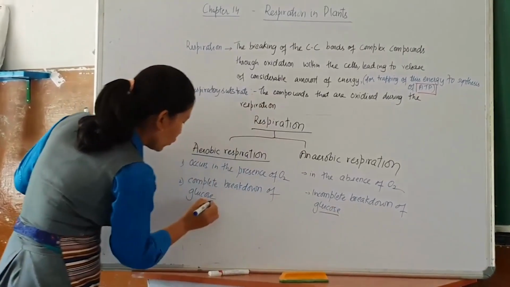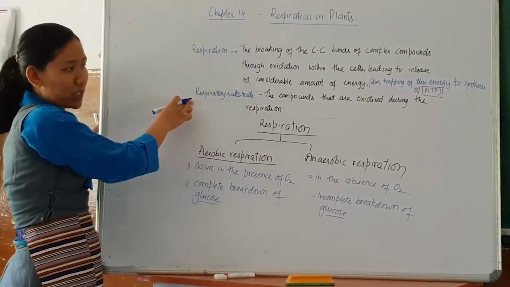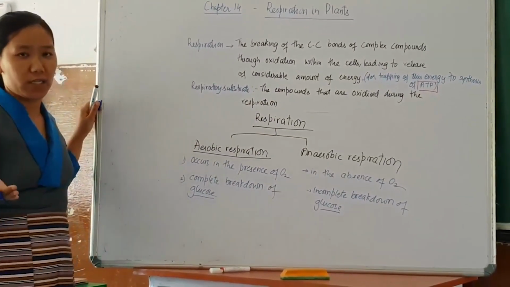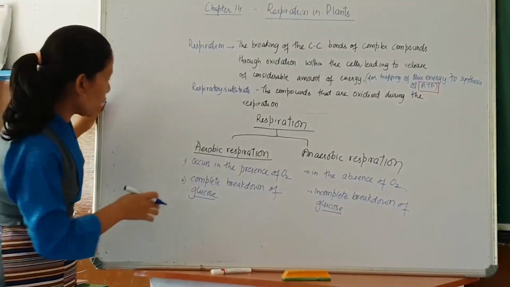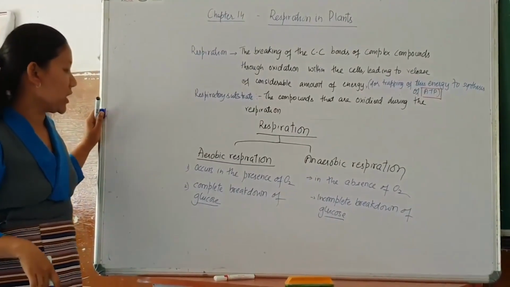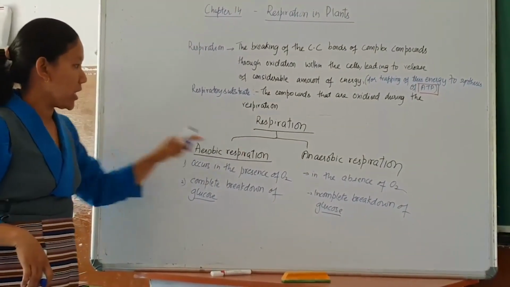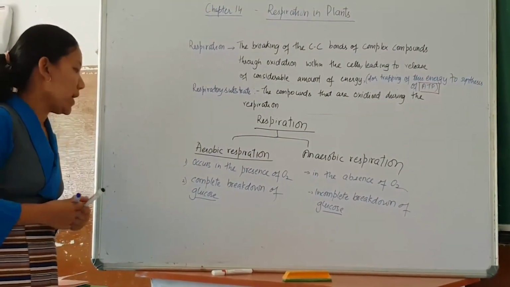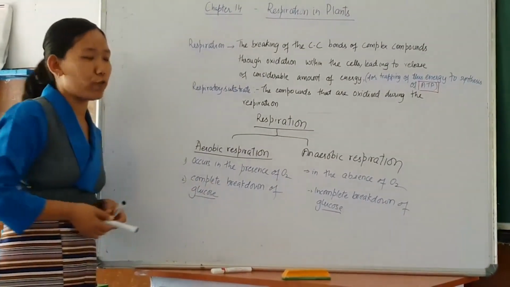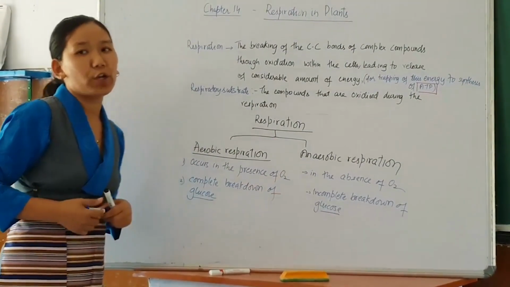So we know that glucose is the respiratory substrate which is oxidized, which is broken down to get energy. So aerobic respiration occurs in the presence of oxygen. Here it occurs in the absence of oxygen. Second, here there is a complete breakdown of glucose and here an incomplete breakdown of glucose.